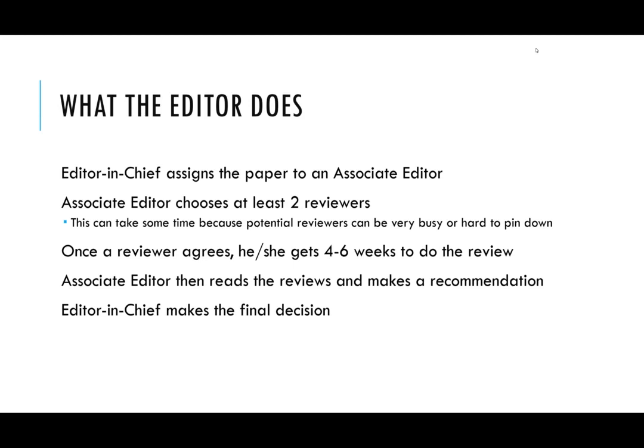And I have a team of associate editors who are marvelous people, fellow academics. They are almost like editors in training, because most of us who are editors-in-chief have done some service for at least one journal as an associate editor.